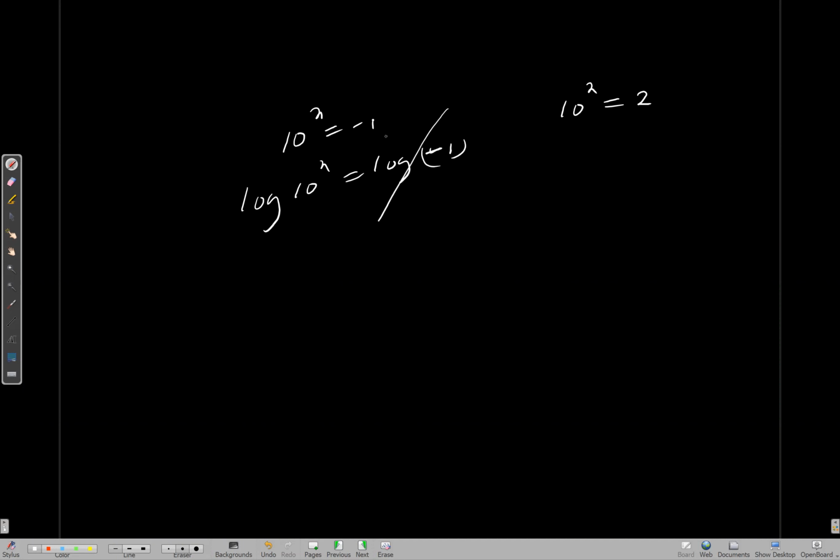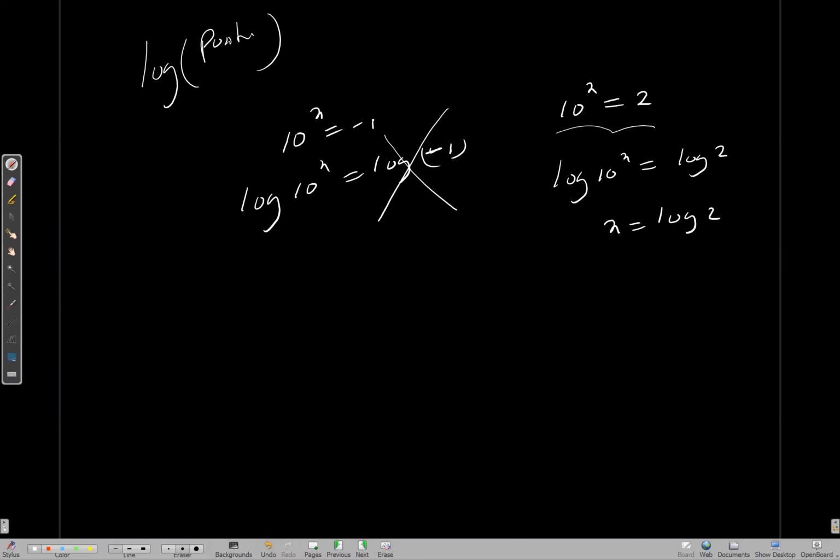And this is impossible because log has to be of a positive number. So in this root, we don't have any solution. But from here, when I take log, x equals log 2, and that is our final solution.